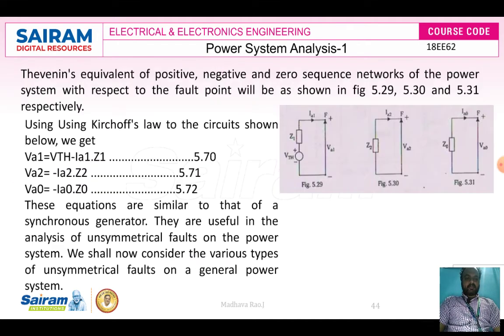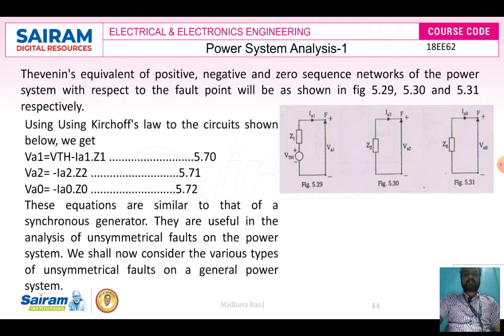Okay, so Thevenin's method is very important to analyze the pre-fault voltages. So pre-fault voltages appear only in positive sequence component. Remaining negative and zero sequence components will be absent.